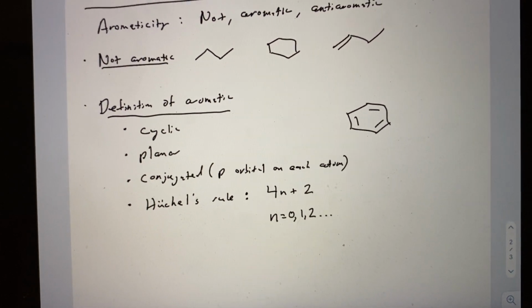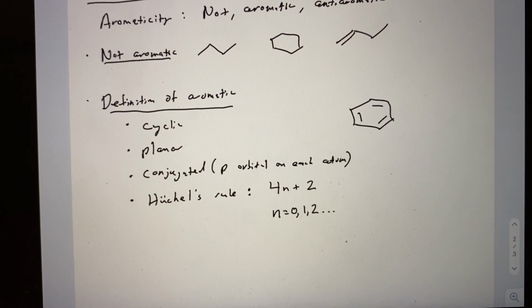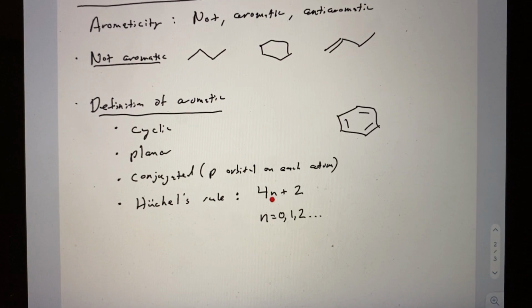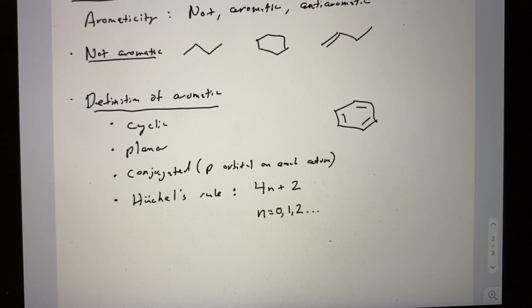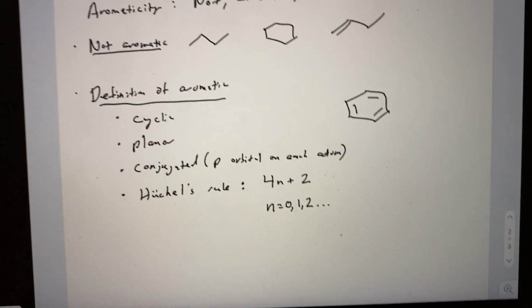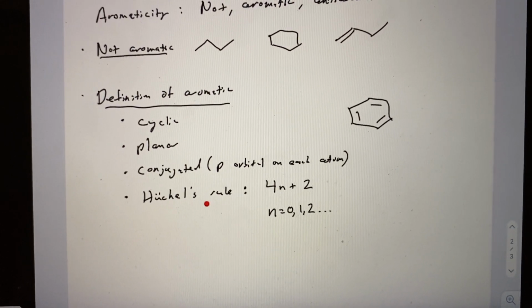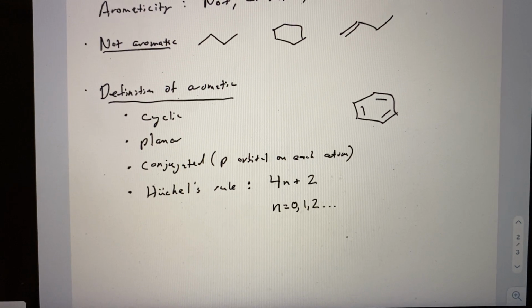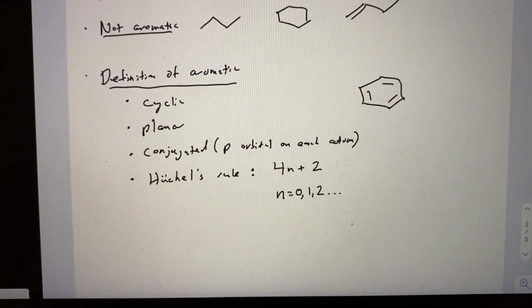Which means the number of pi electrons would have to be, if n is 0, I don't have my calculator, but I think that is going to be 2. So if we had a system that had 2 pi electrons, that would satisfy the definition of aromaticity with Huckel's rule, as long as it meets these other criteria. It's best explained through example, so let's go back to benzene.